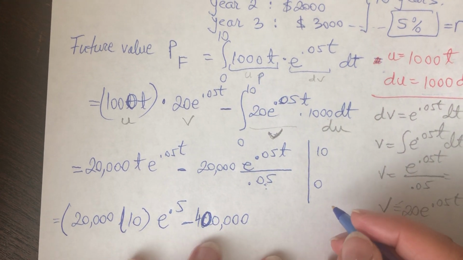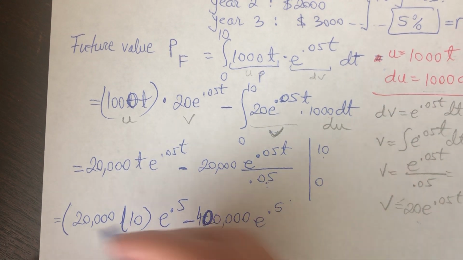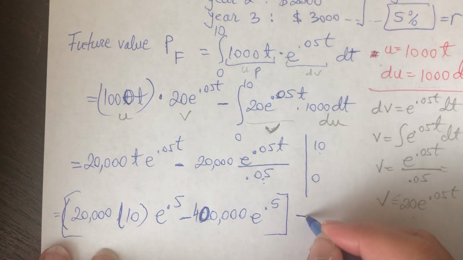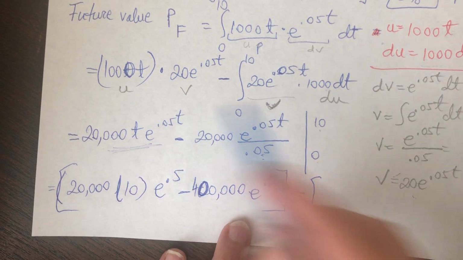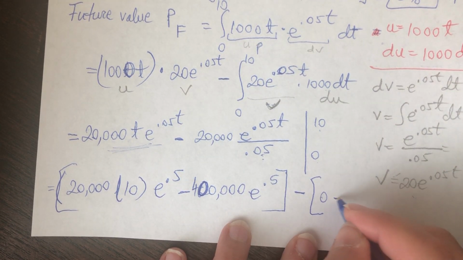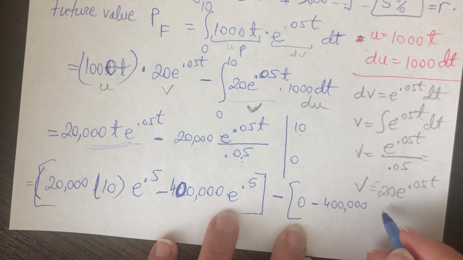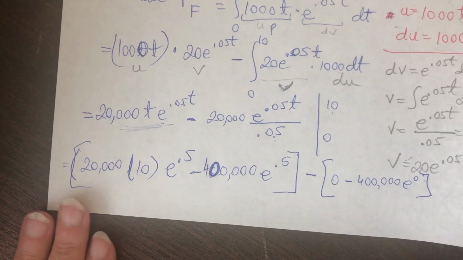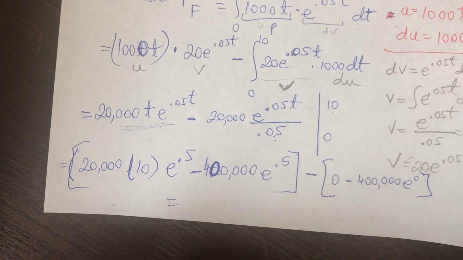Okay. e to the, plug in a 10, so that's 0.5. That's it. Minus plug in a 0. Well, the good news is when I plug in a 0 in this part here, that's a 0. Minus 400,000, remember, e to the 0. Okay, so let's see if we can put this quickly in my calculator.